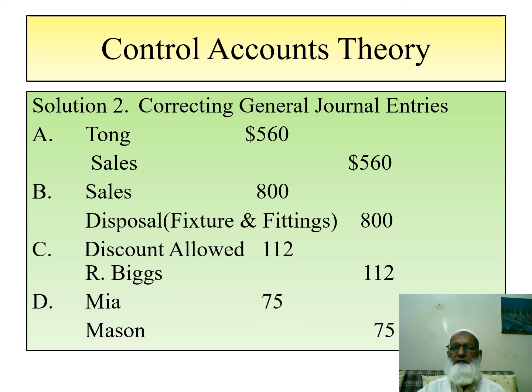Here Tong made some sales. Tong account receivable $560, and sales are recorded as a credit of $560.